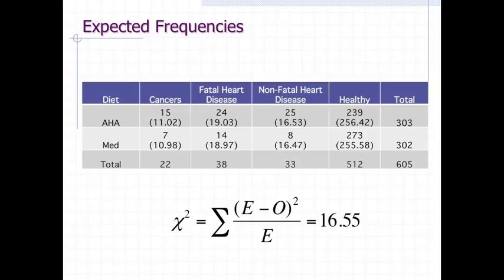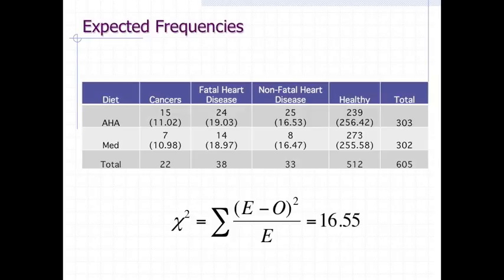As in the case of one-way tables, chi-square is computed by, for each cell, squaring the difference between expected and observed frequencies and dividing by the expected frequency. These values are then summed. For example, for the AHA cancer cell, the expected minus observed is 3.98.